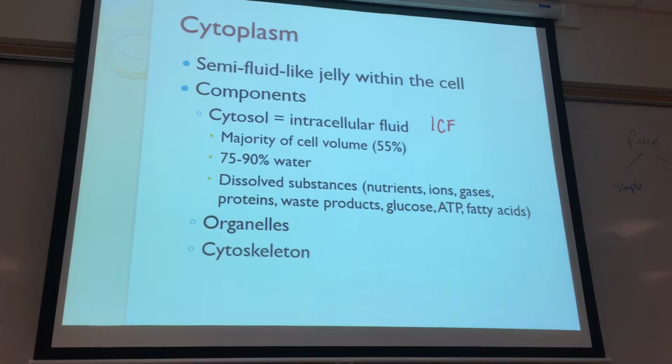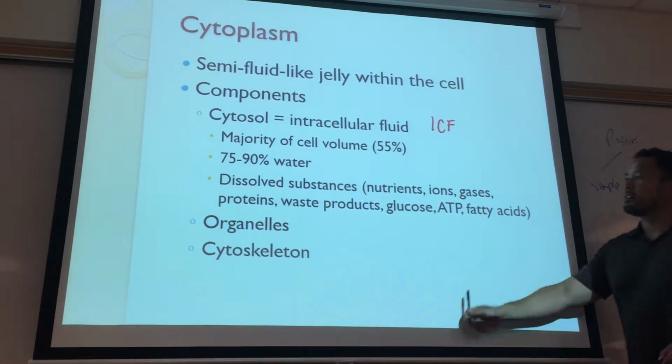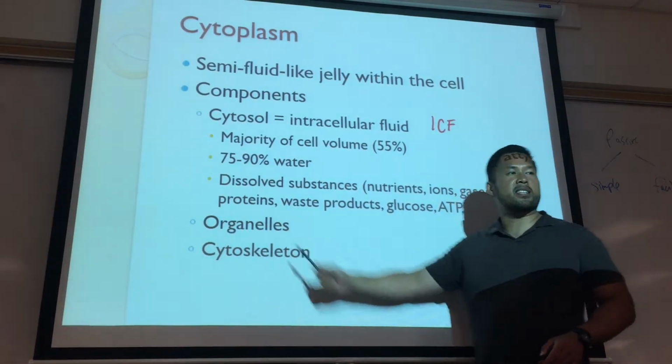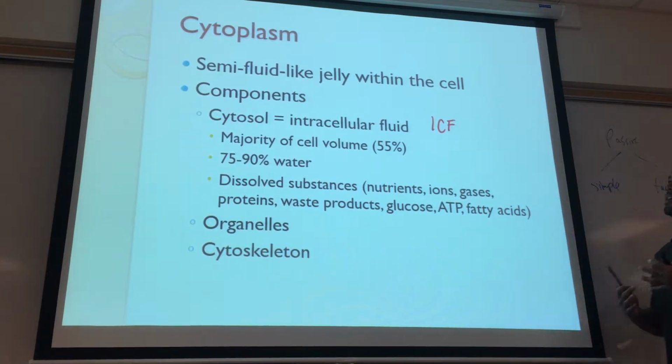The other stuff are going to be the dissolved substances, namely our potassium, a little bit of sodium, a little bit of glucose, a lot of amino acids, fatty acids, some waste products, and a bunch of proteins. It's everything dissolved in that.